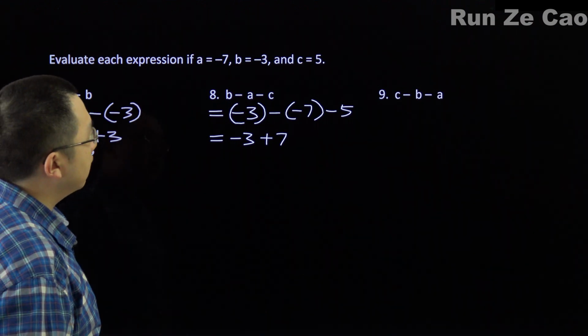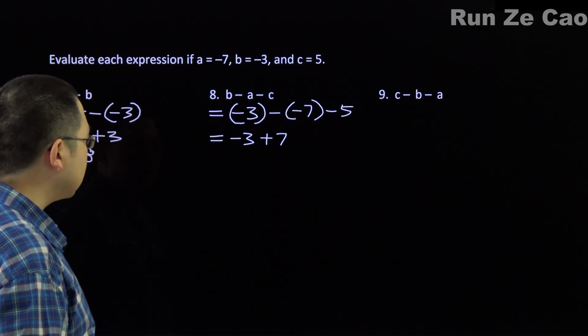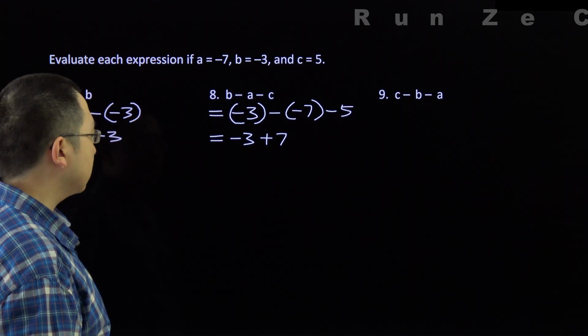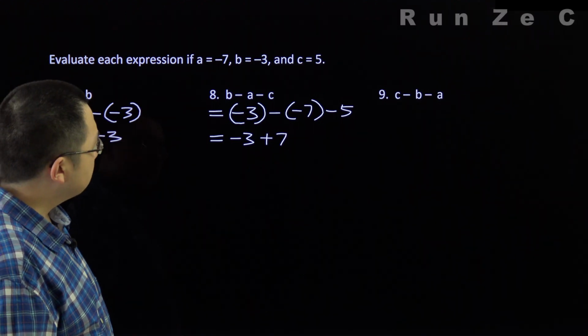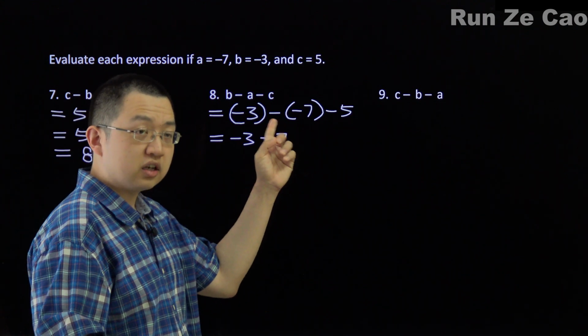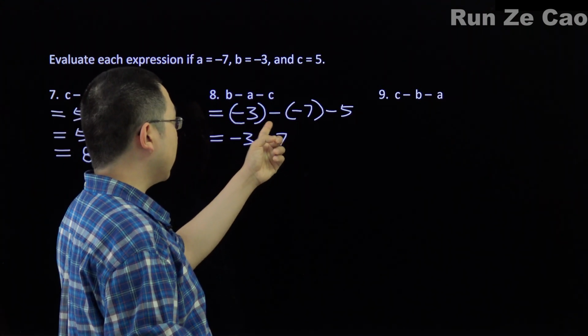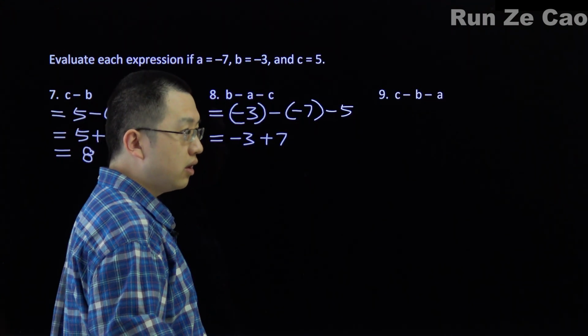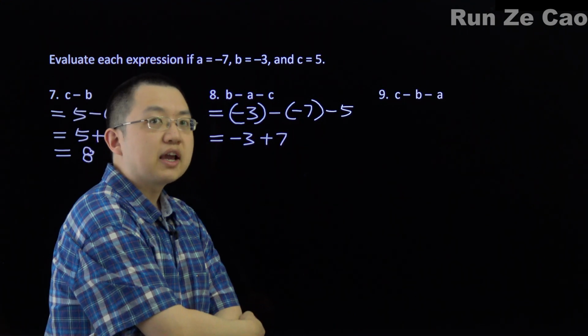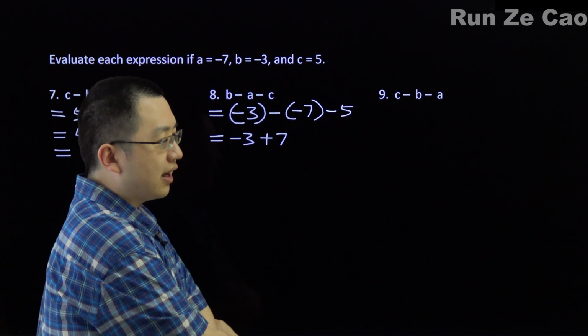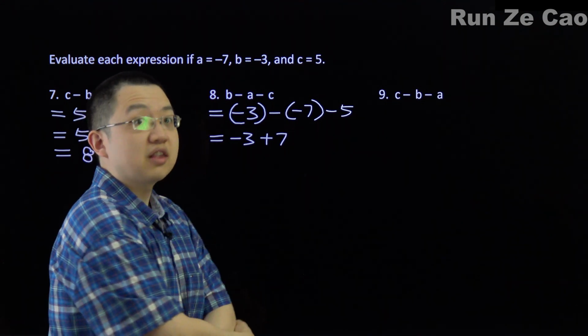I don't really like the additive inverse version for subtraction, because I vastly prefer the, hey, this is actually a coefficient of negative 1. So you have negative 1, negative 7s that are being added here. So if you multiply negative 1 and negative 7, you get plus 7.